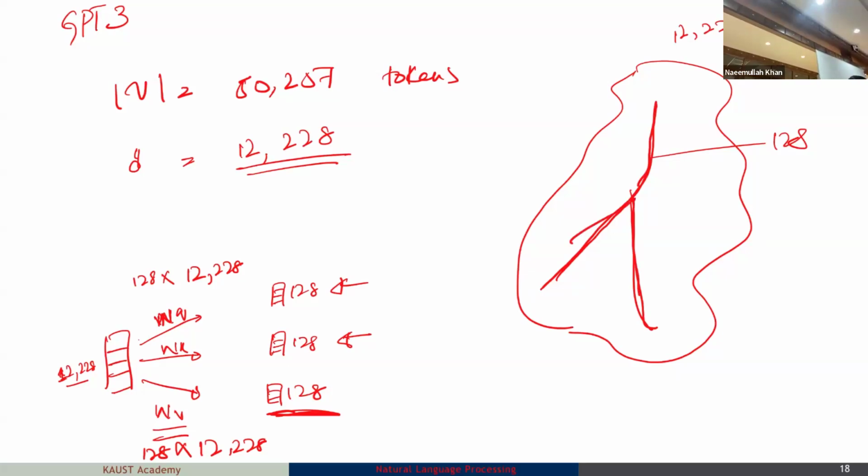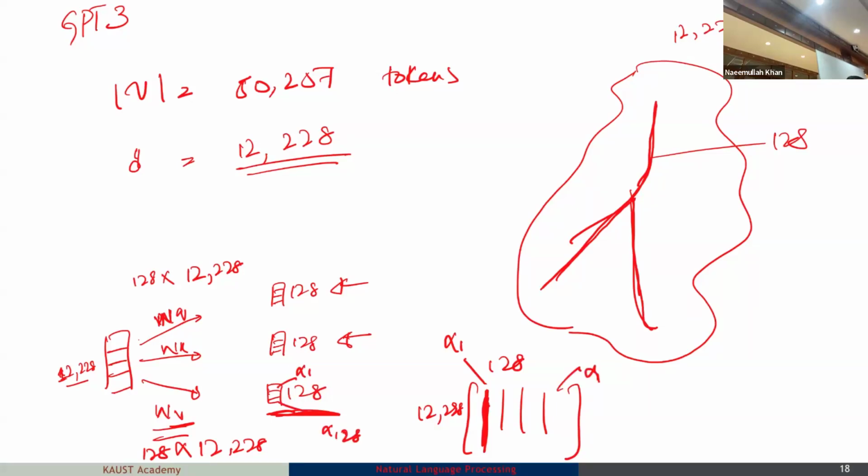So of course, we need to have a matrix which has 128 columns, and each one of these has 12,228 dimensions. So this value represents how much of this I should add to my embedding. This is the first value here. Similarly, this A128 would be how much of this change of the 128 dimensional vector I would add to my embedding space. Again, this is done for computational efficiency.